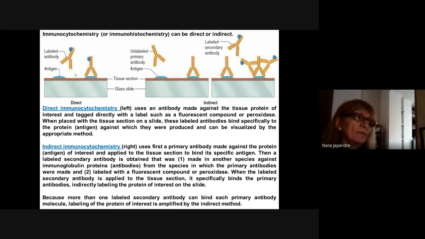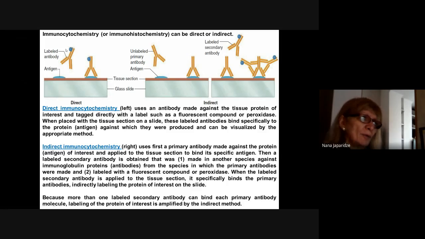and we have here diagrammatically depicted direct immunocytochemistry and indirect immunocytochemistry. Here, only one population of antibodies is used together with appropriate labeling.